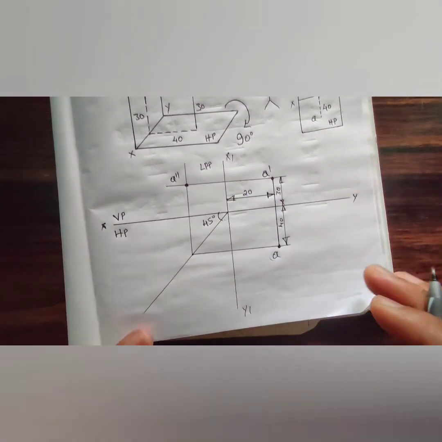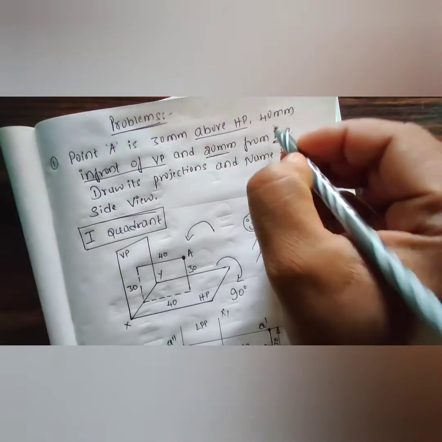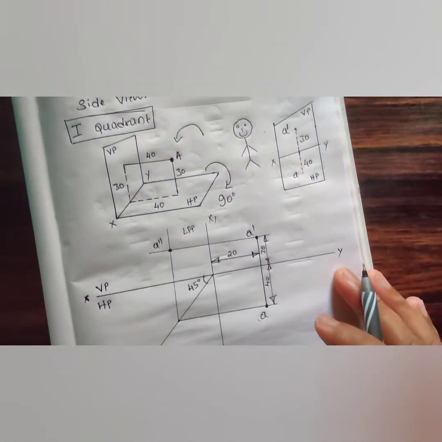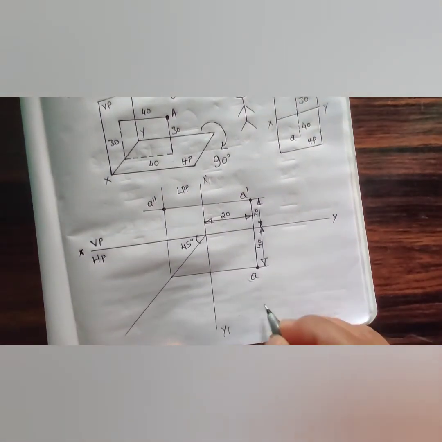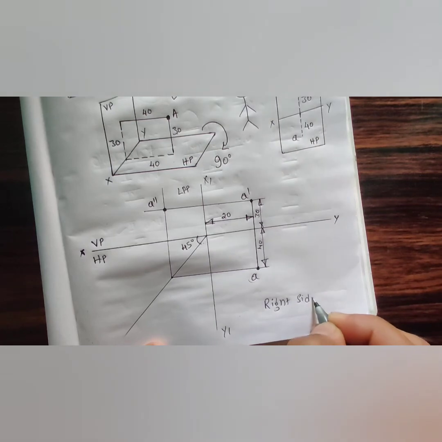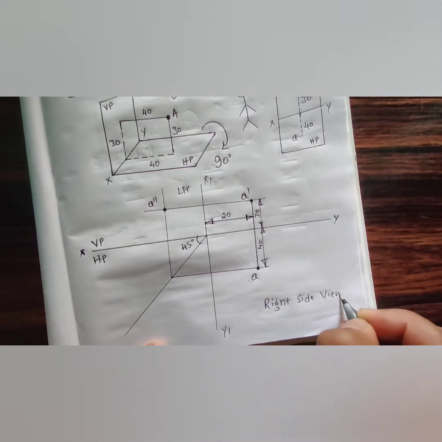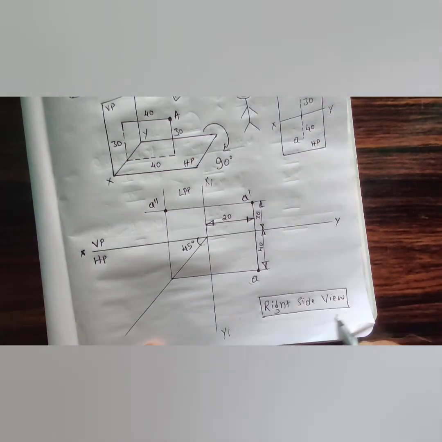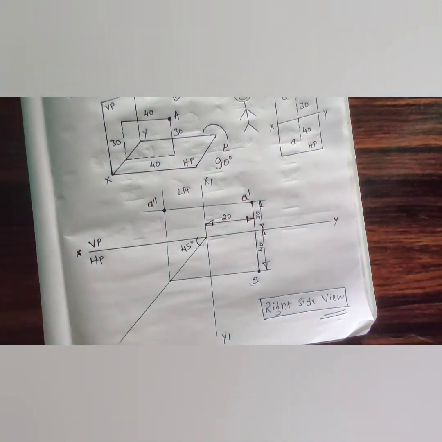Okay, now since he is talking about LPP and it's a first quadrant problem, it is obvious that on LPP we can see right side view in the first quadrant. So the type of view is right side view. So this is the actual solution of the problem. Okay, thank you.